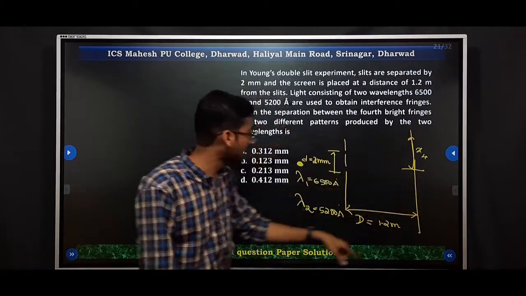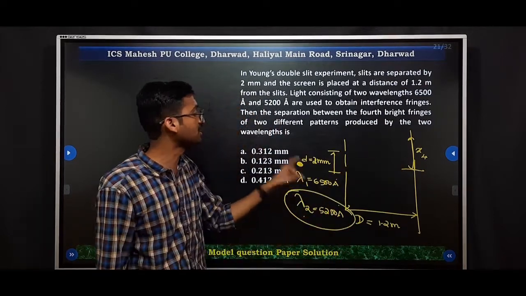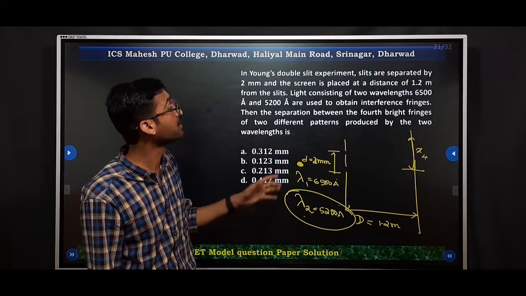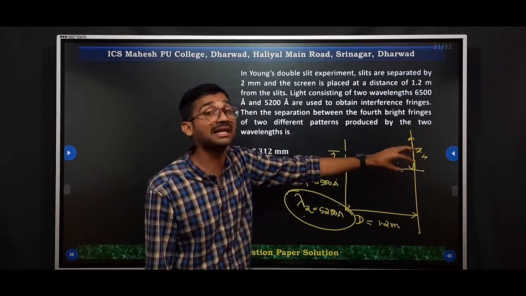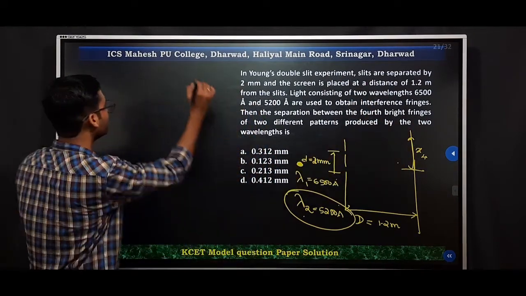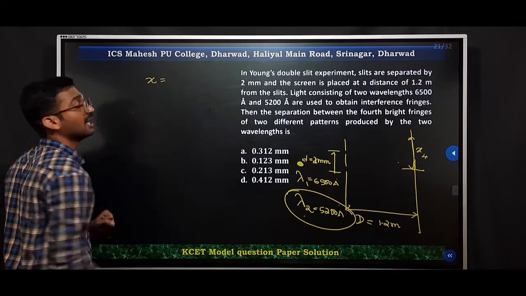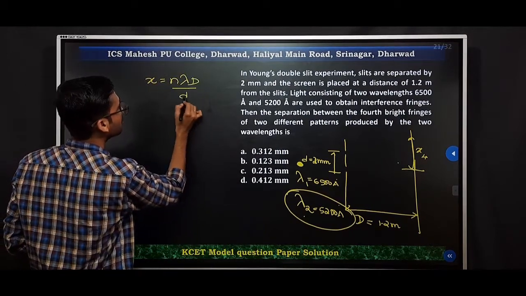Similarly, if I use 5200 angstrom instead of 6500 angstrom, then what will happen? Again they are asking at what distance we will get the bright fringe. For that we have an equation: distance x is given by n lambda D whole divided by small d.